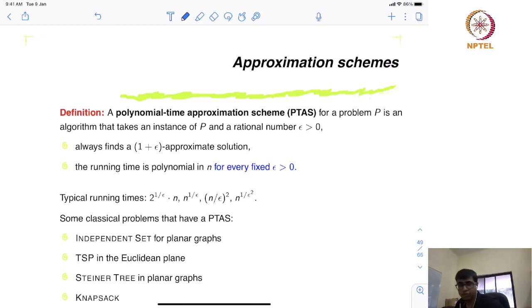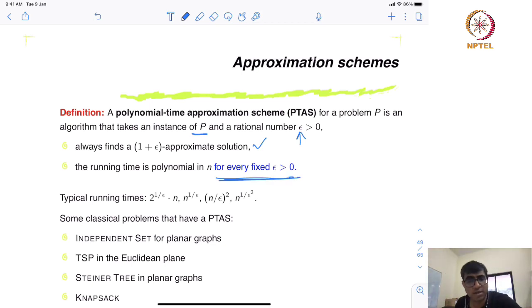And there is a notion called a polynomial time approximation scheme. What happens in a polynomial time approximation scheme for a problem P? It takes an instance of problem P and a parameter epsilon, and it will always find a 1 plus epsilon approximate solution, but the running time is polynomial in n for every fixed epsilon greater than 0.